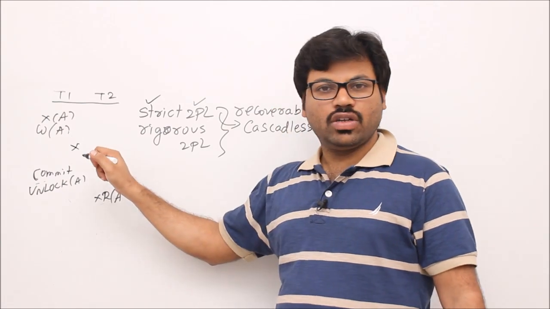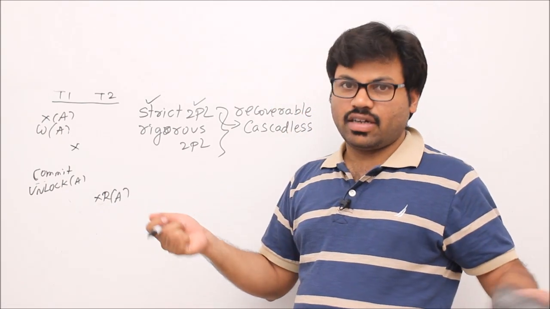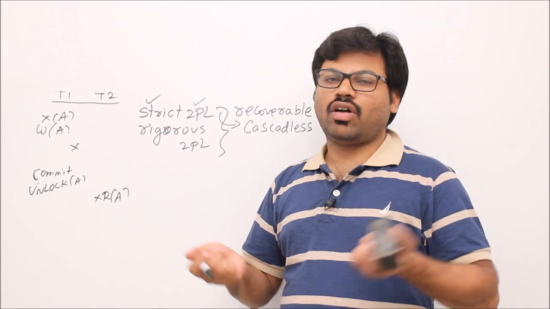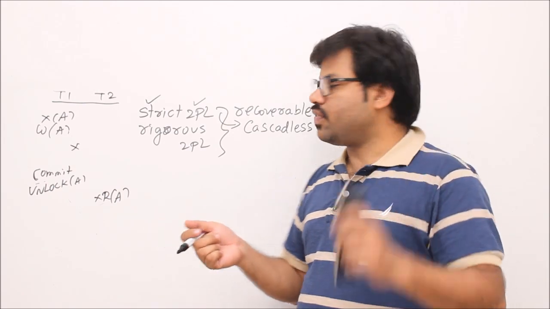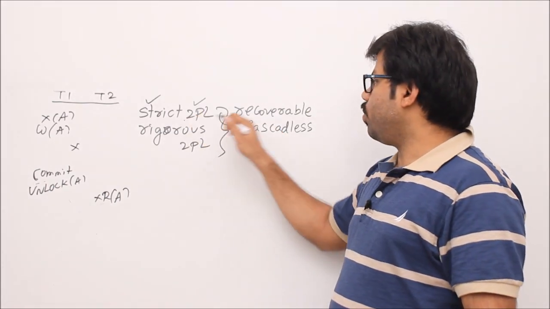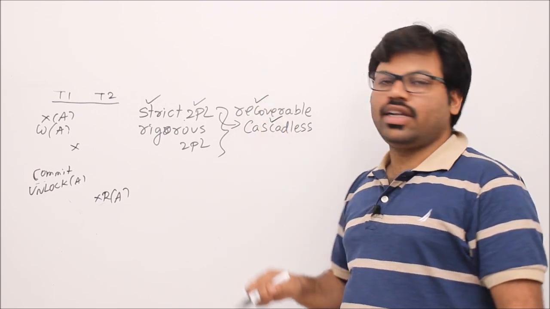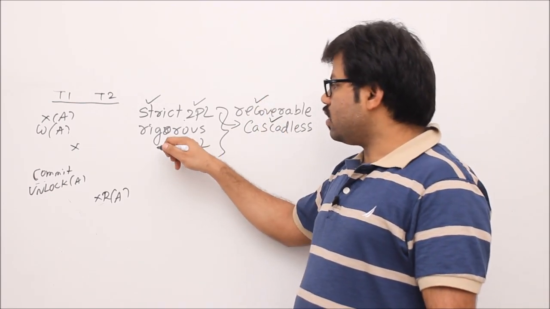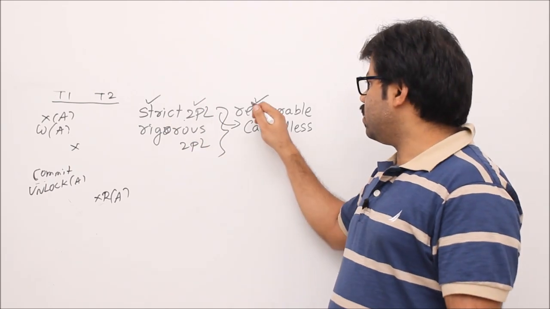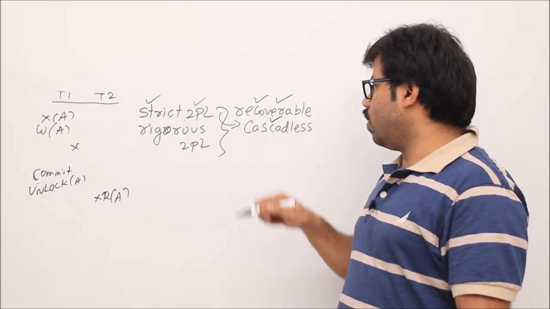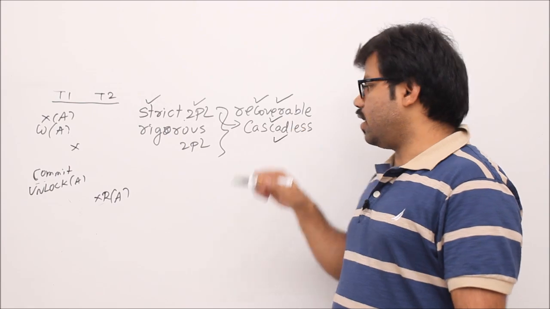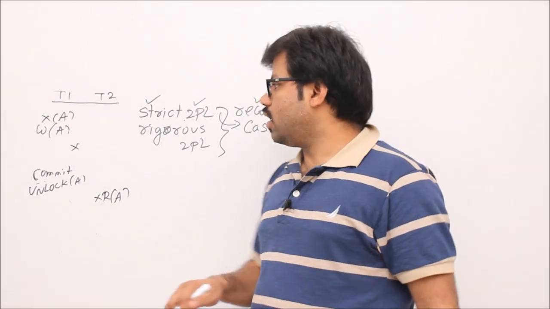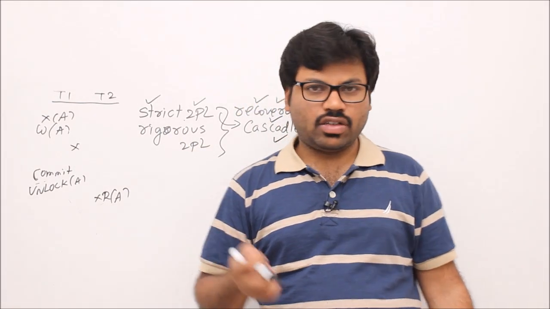Just now we proved it. When there is no dirty data, there is no cascading rollback and no non-recoverability. That's why I can say that strict 2PL always allows recoverable and cascadeless schedules. Since rigorous is stricter than strict 2PL, rigorous 2PL also allows recoverable and cascadeless schedules. Understand? So this is the idea about strict 2PL and rigorous 2PL.